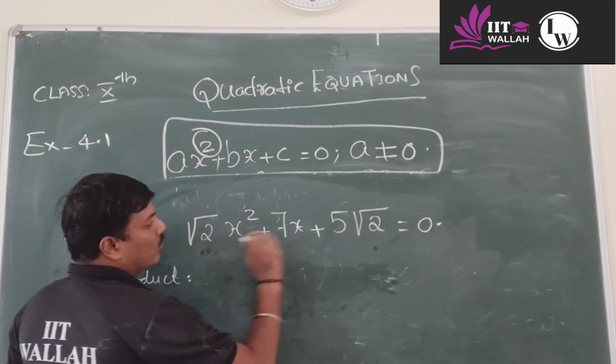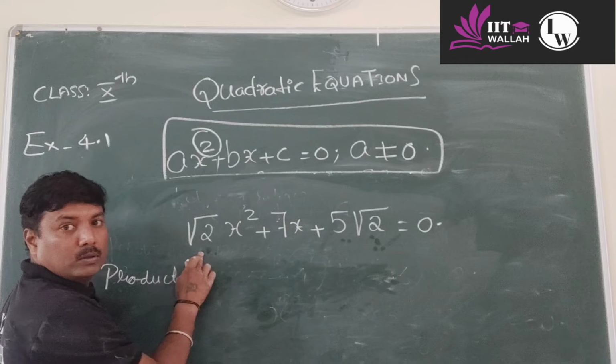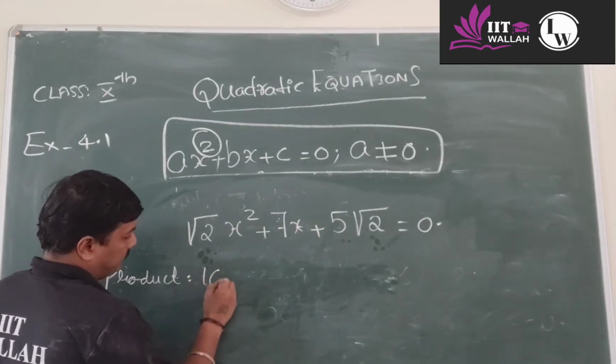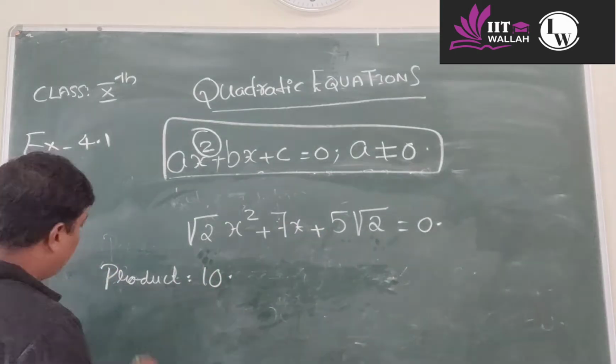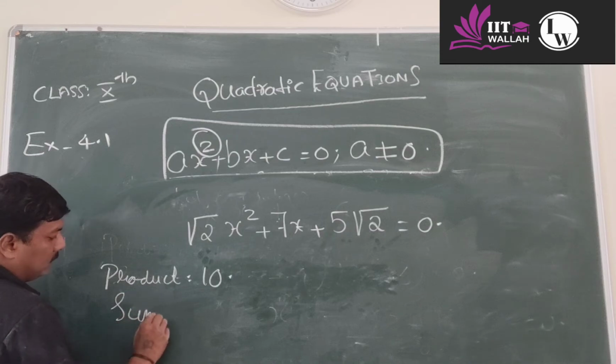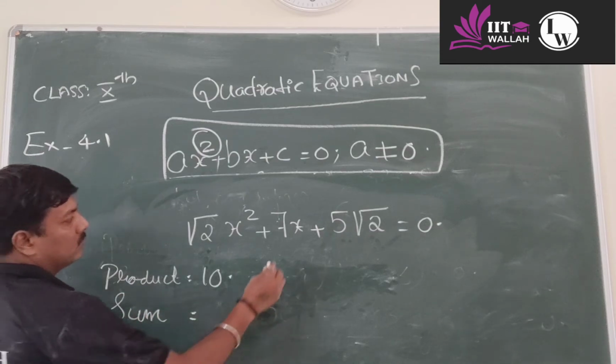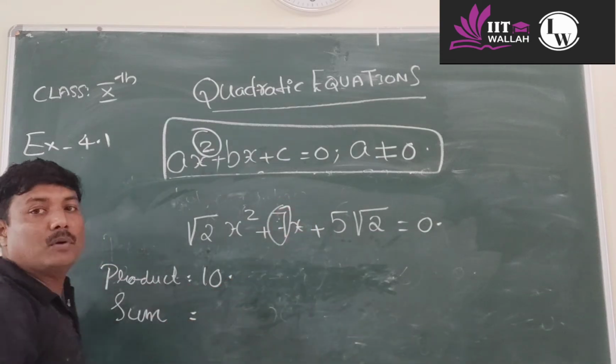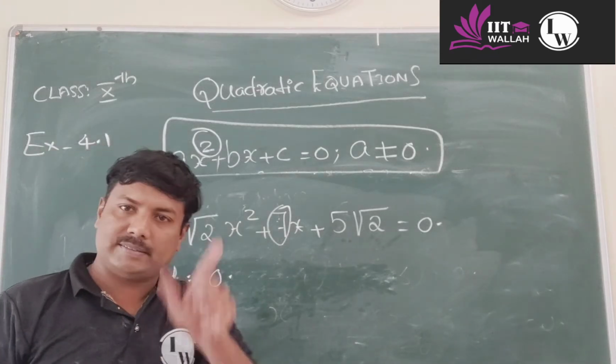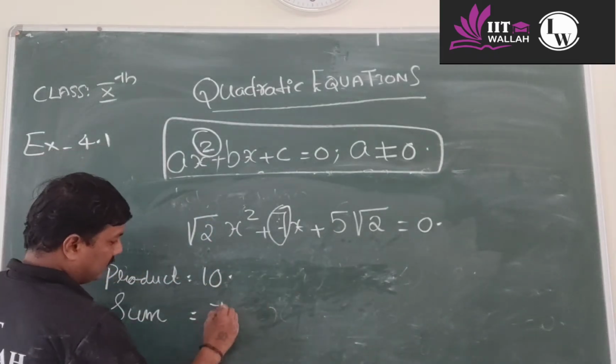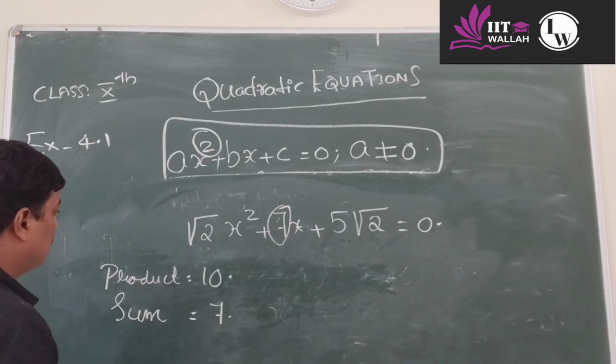So 5 root 2 into root 2: root 2 into root 2 is 2, 2 into 5 is 10. The sum is equal to this. The sum is always the coefficient of x, so that is 7.